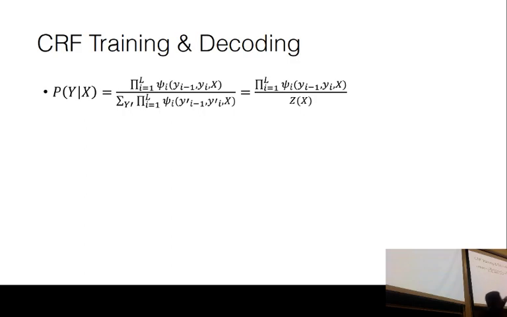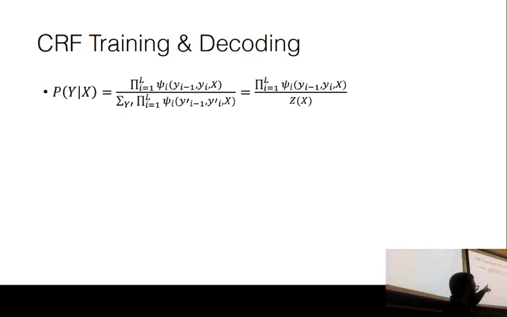We already said that this PI is a function of the emission, the transition probability plus the transition matrix, plus the emission plus this bias.